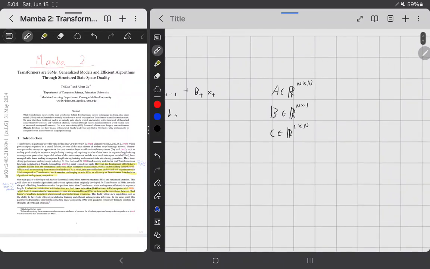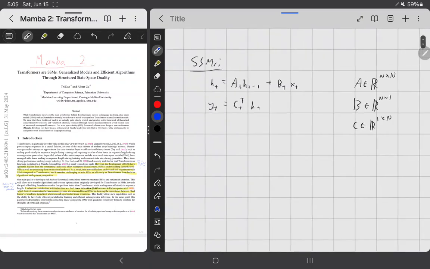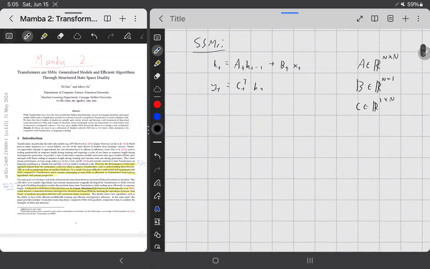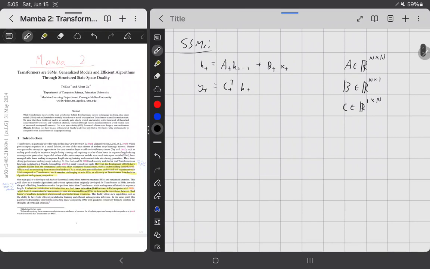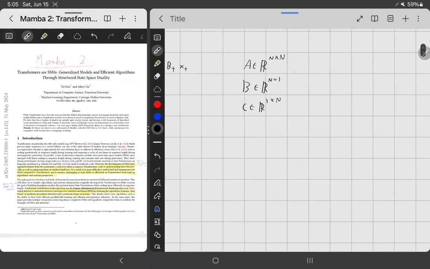And this is the original SSM formulation. Basically, it only worked on scalars. You would take a scalar, pass it through, and get a scalar out. Or you would take a vector, pass it through, and get a vector out.